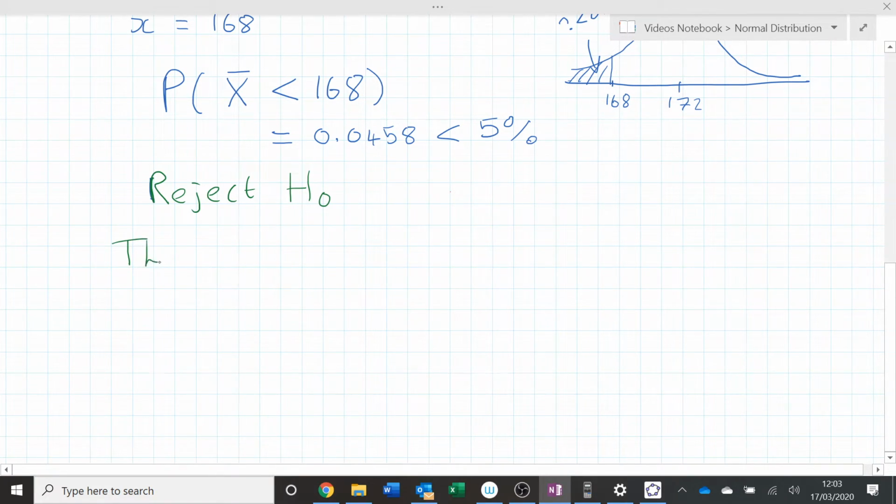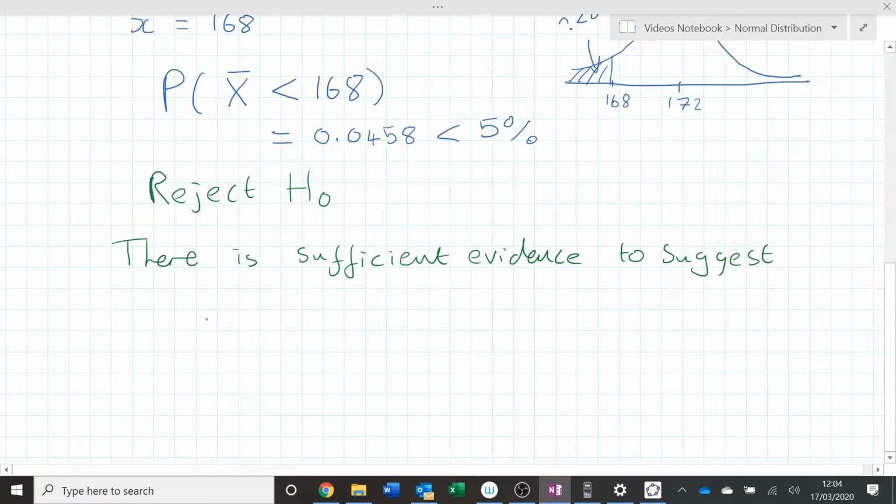We're going to write, there is sufficient evidence to suggest, and I'm going to do this in full to make sure, that the height of students has reduced.